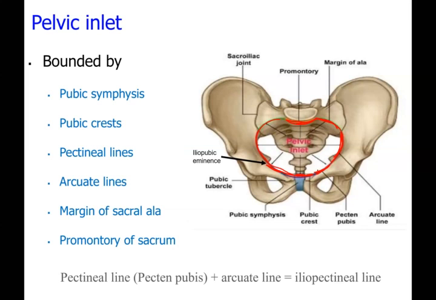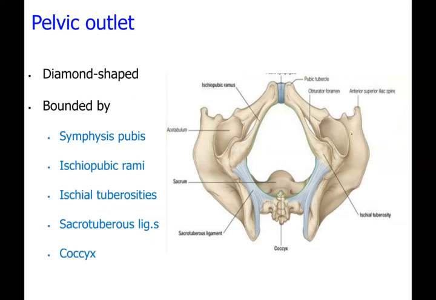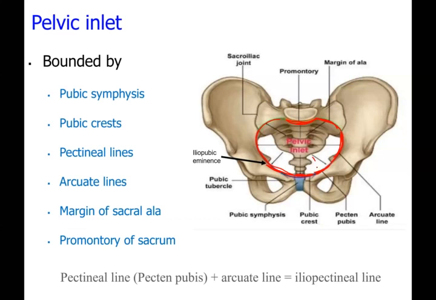So the pectineal line is this one. Sorry. Pectineal line is this area and the arcuate line is that area. Taken together, pectineal line and arcuate line, some people call it iliopectineal line. So remember this point. Some authors call it iliopectineal line. If someone calls it iliopectineal line, that is this whole area up to the pubic crest. Okay, so that whole area.